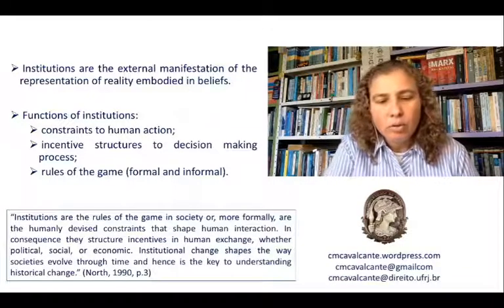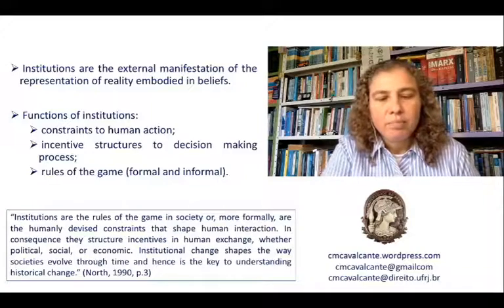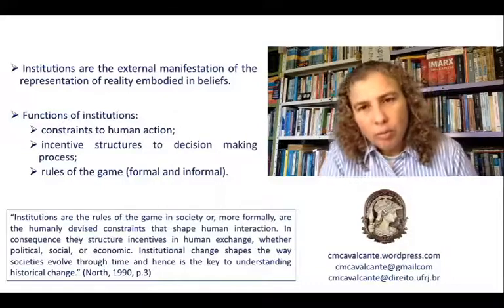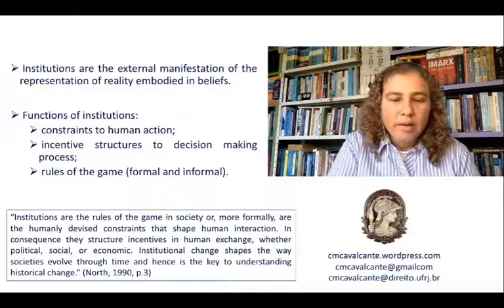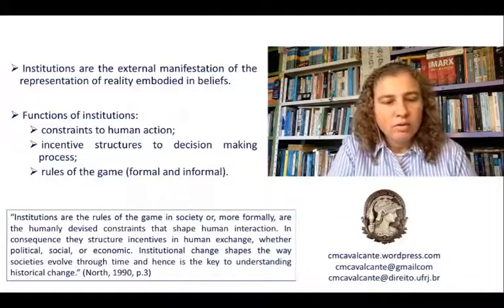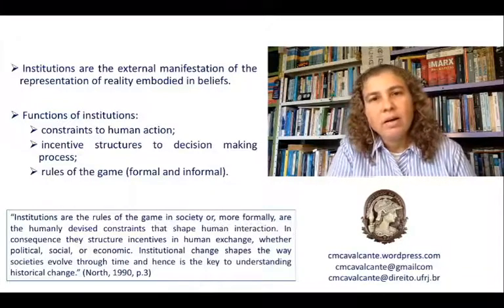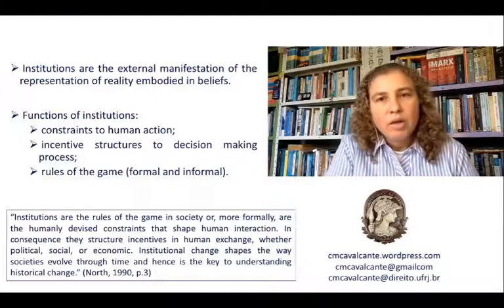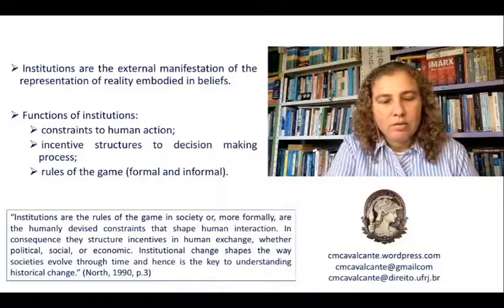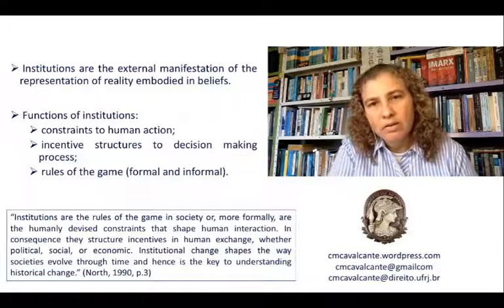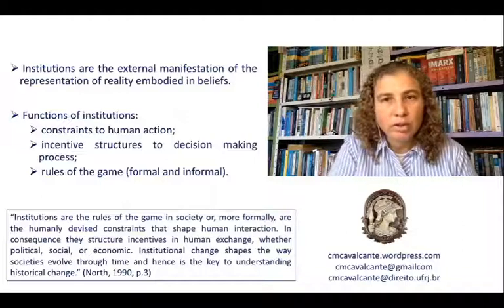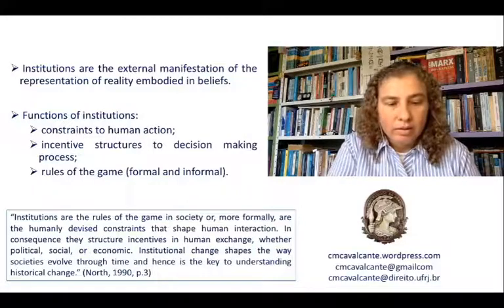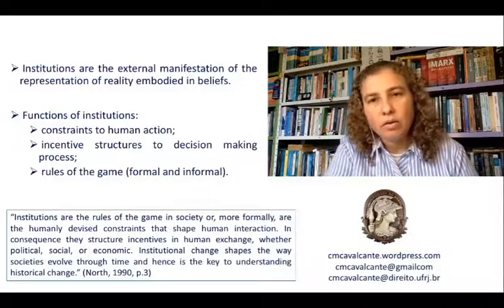It's important to note that these institutional rules may be formal rules or informal rules. In the formal rule domain, we have laws, constitutions, and all the rules enforced by a third party, the state. Informal rules are made of cultural traits of a society and its traditions passed through time from one generation to another, with or without the state enforcing those rules.